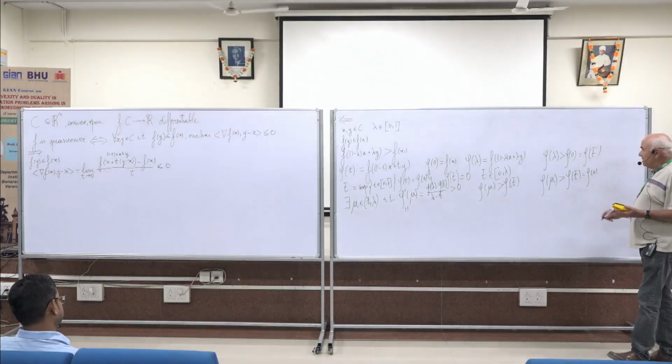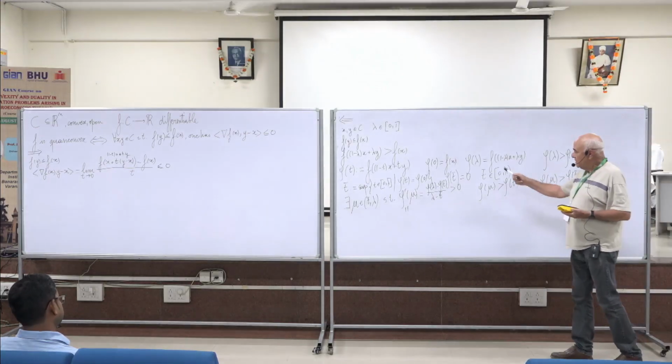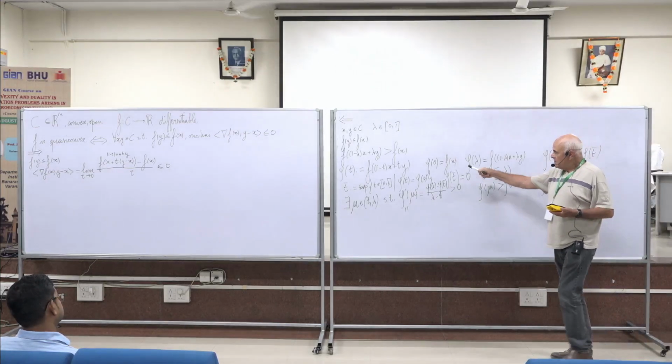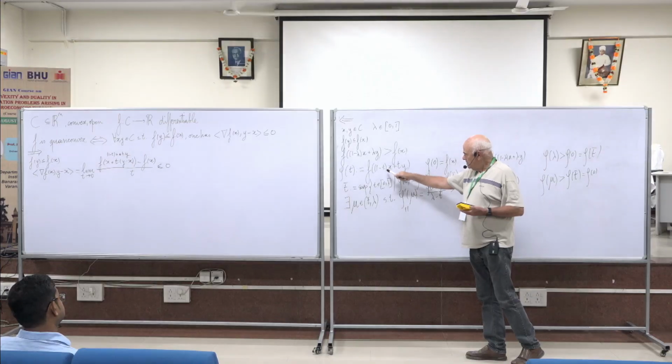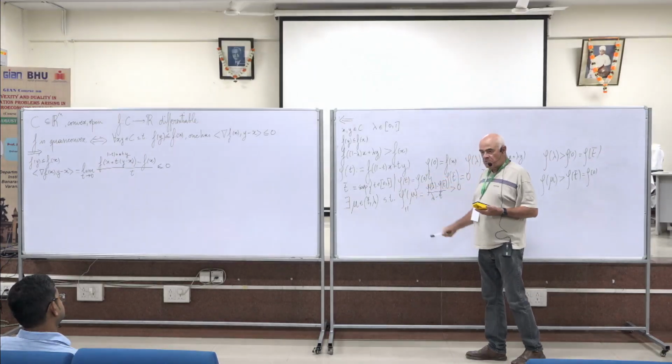I mean, this derivative, which is nothing but the directional derivative of this function at the point 1 minus mu x plus mu y.